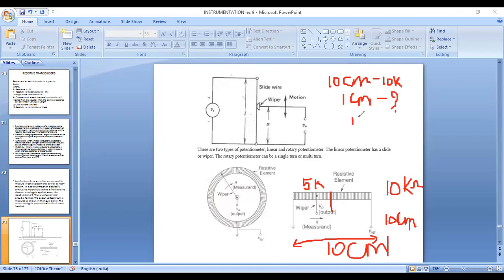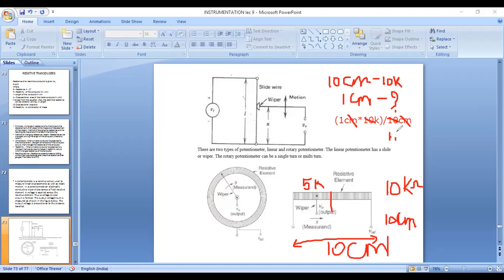The centimeter gets cancelled, 10 cancels, and we get 1k.